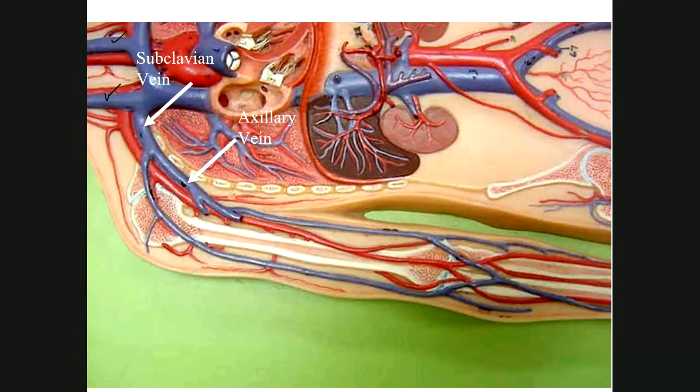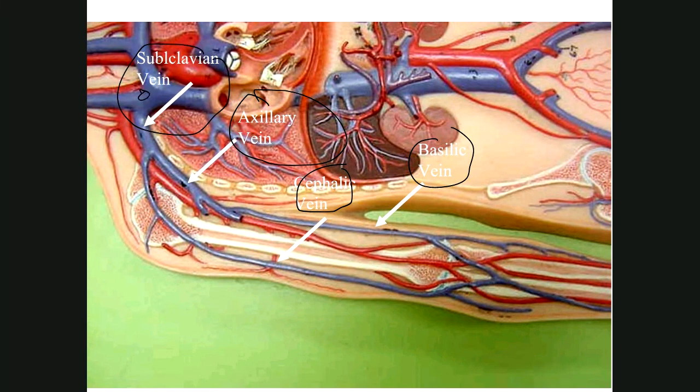So they're going to go into the brachiocephalic, and then from there, it's going to go into the superior vena cava. Draining the arm, we're going to have the cephalic and the basilic. They're going to go into the axillary, which is going to go into the subclavian, and then into the brachiocephalic, and then into the superior vena cava.